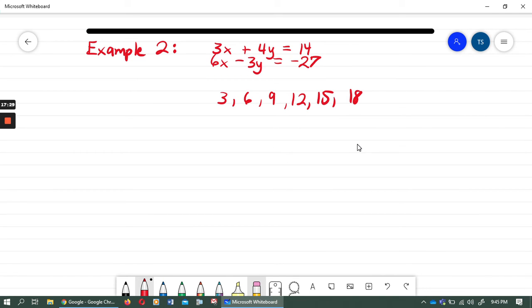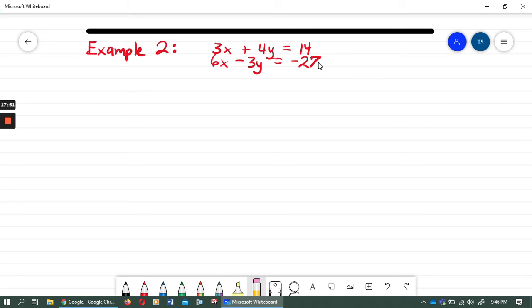All right, so since one of these numbers, the coefficients for x, 3 and 6, is a multiple of the other one, we're going to need to multiply just one of the equations.